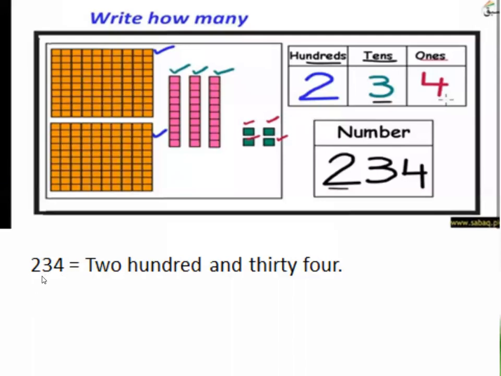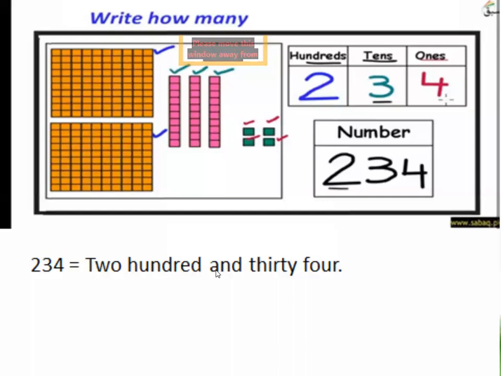We also write this number in words like this: 234 is equal to... You write this number in spelling. First write 200, because 2 is in the hundred place. So first we write 200 here: TWO 2 HUNDRED 100.